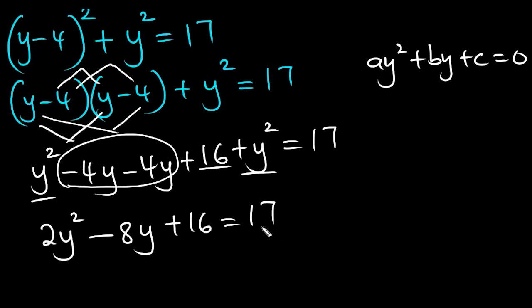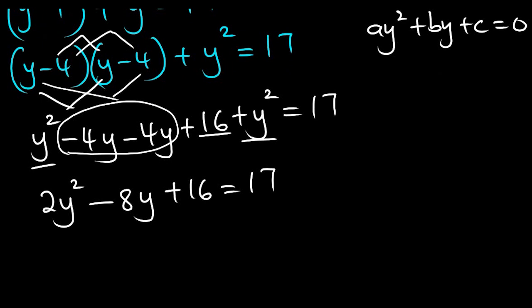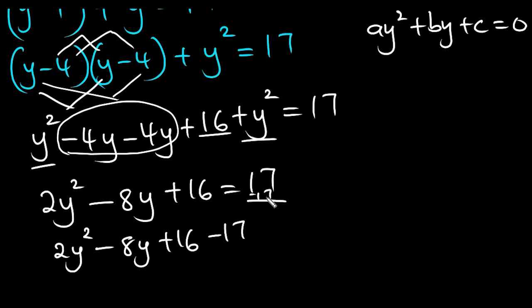Then we need to take away 17 from both sides, so that on one side we're going to have 0. So 2y squared minus 8y plus 16. We can take away 17 from both sides. So on the right side it will be equal to 0.